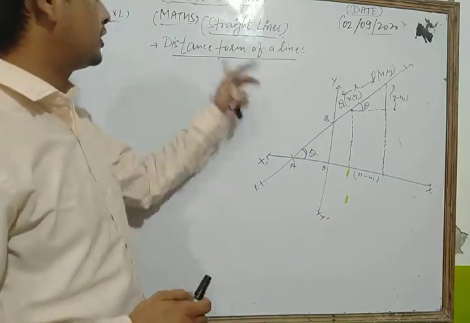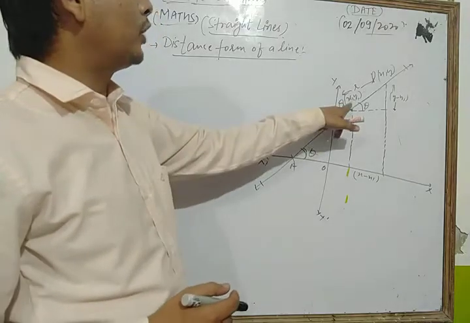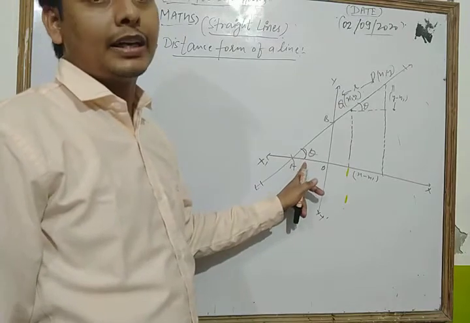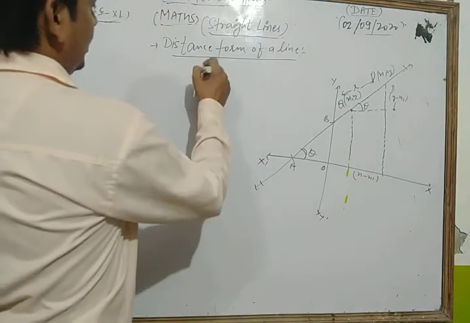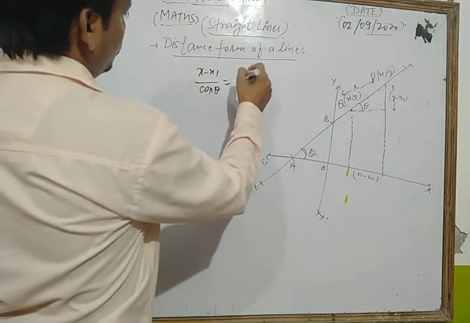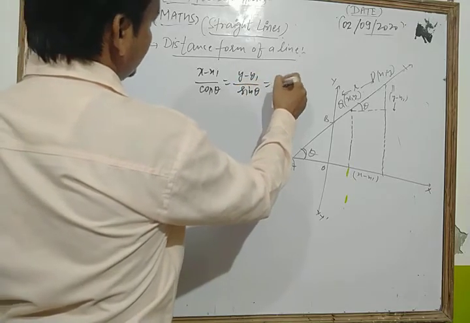This is the distance form of a line. The equation of a straight line passing through the point Q(x1, y1) and making an angle theta with the positive direction of the x-axis is given by the relation (x minus x1) upon cos theta is equal to (y minus y1) upon sin theta is equal to r.